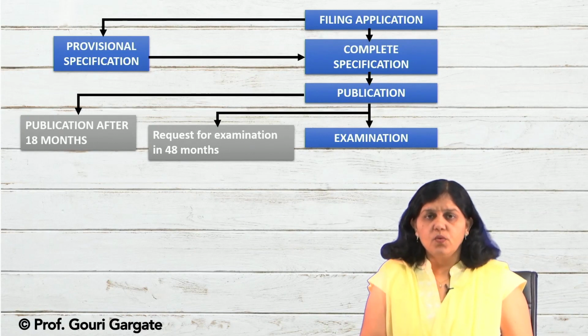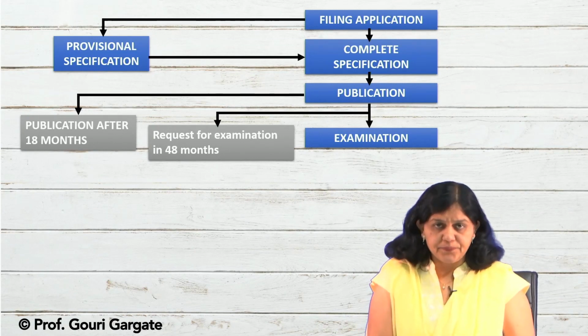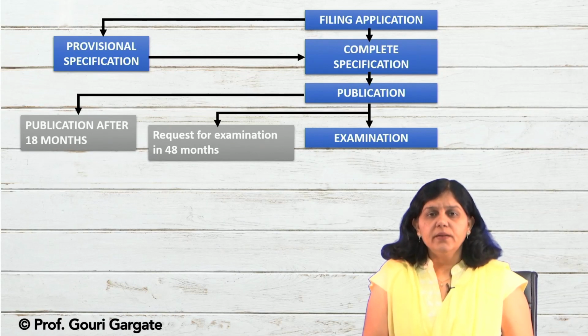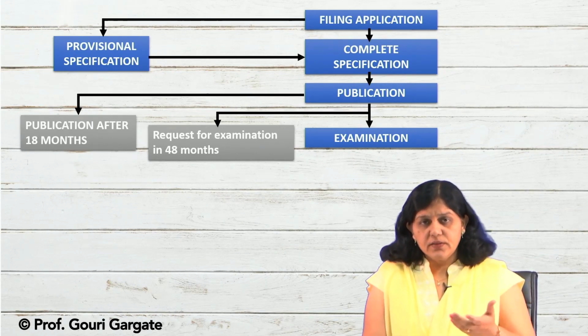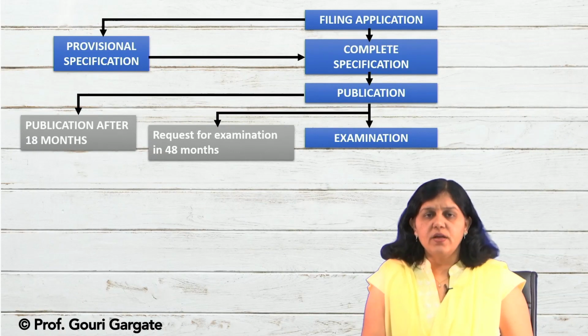So, this mode also can be opted for by the applicant. Also on behalf of the applicant, anyone such as a patent attorney or patent agent can deposit the forms and fees, so through that route also you can file the examination request.